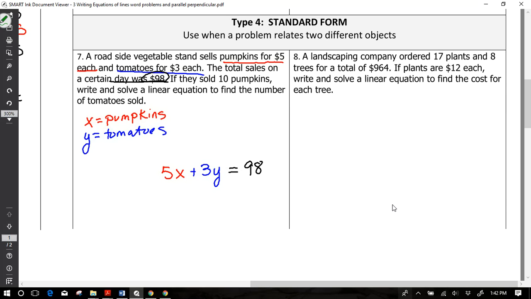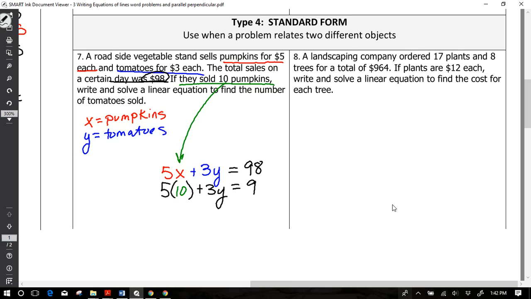Now, if they sold 10 pumpkins, write and solve a linear equation to find the number of tomatoes that they sold. So pumpkins, and that's why I labeled it x equals pumpkins, so that I would know really easily where to plug this in. So 10. And then bring down the rest of the equation.